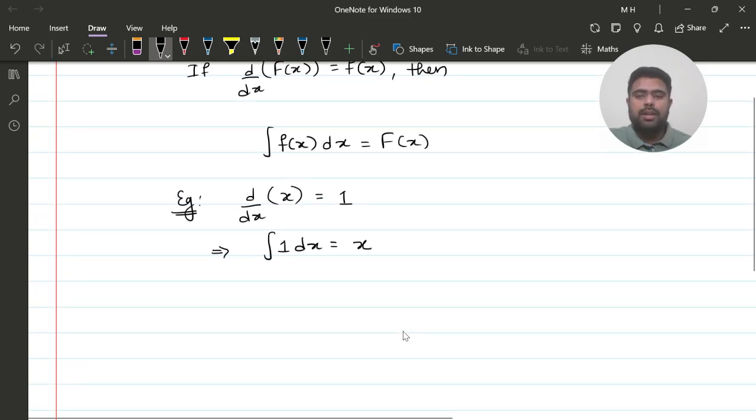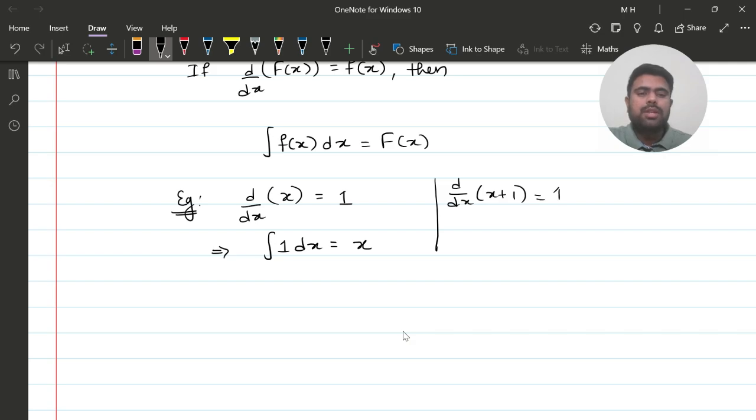But there is a drawback here. What is the drawback? What is the derivative of x plus 1? The derivative of x plus 1 is also 1. So obviously this should tell us when we integrate 1 with respect to x, we should get x plus 1, right?